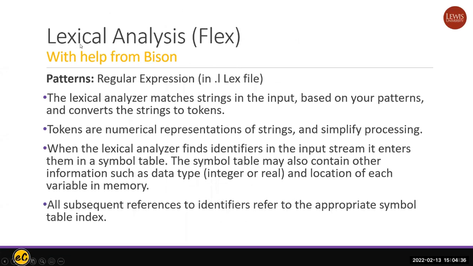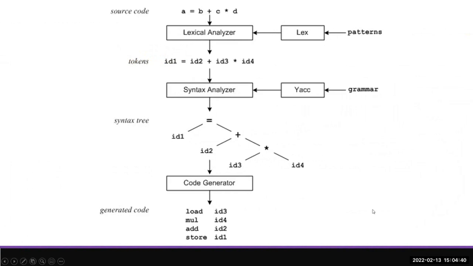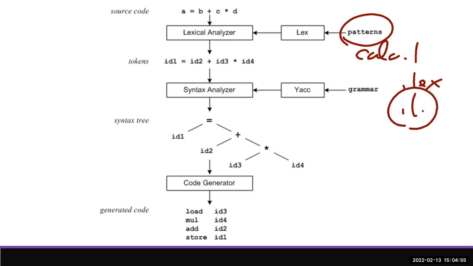Step one is to write the Lex file. The patterns will be written into a Lex file. Let's assume we have a calculator language in that Lex file. It can be .lex or .l, and the Flex version uses .l, so let's assume we are using the .l extension.